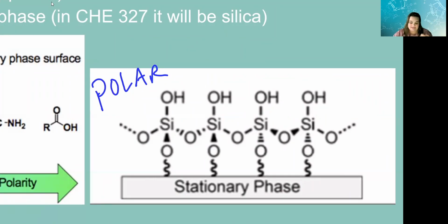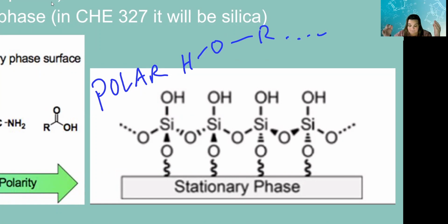So what happens is if we put some kind of polar substance on it, some kind of molecule that has OH bonds, that's the key word here.